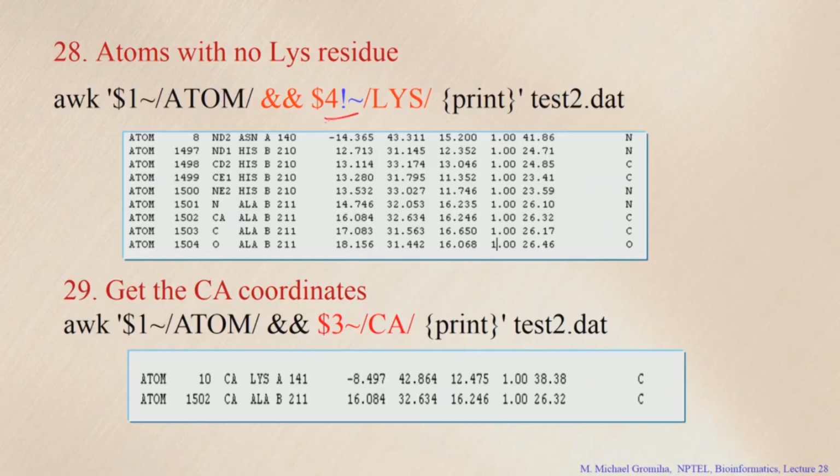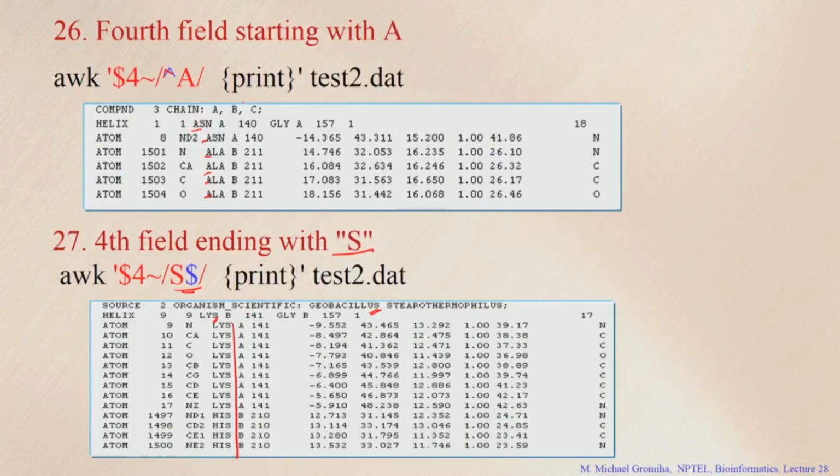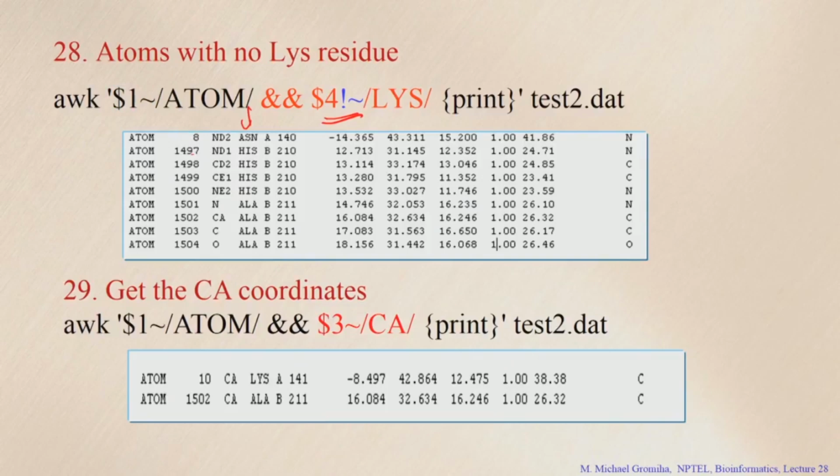Here we use the exclamation symbol, right, $1 should be atom and $4 should not have lys. So, if you see 1, 2, 3, 4, this is the data, if it is lys it will omit, right. Without lysine it will give you all the data, and print everything means it will print the entire line, except the lines which contain lysine.